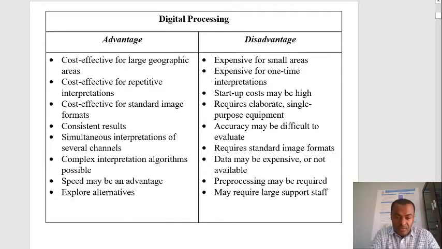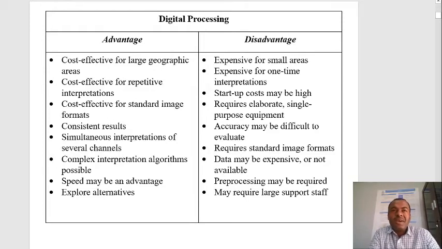And another issue is simultaneous interpretation of several channels. So we have learned in chapter 2, there are different satellite programs with different bands. For example, if we take a Landsat image, and if we take the Thematic Mapper sensor, it has 7 bands, 7 channels.